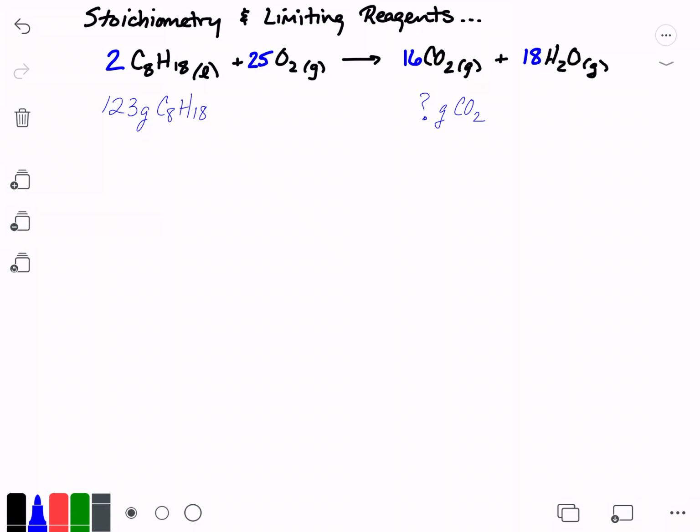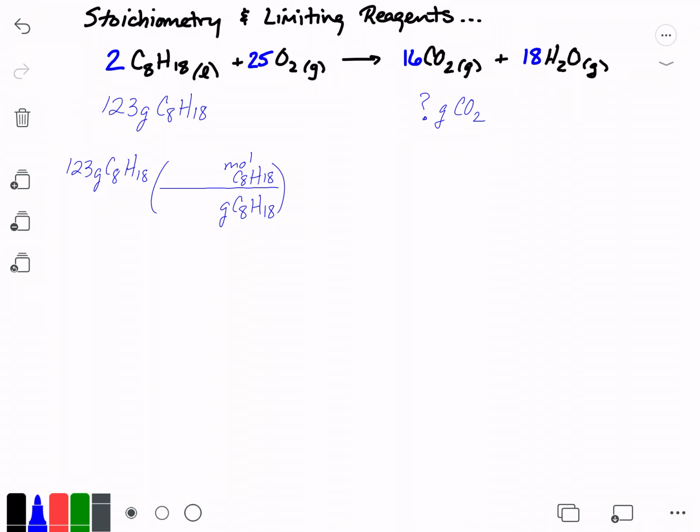We're going to solve this with the same 3 steps that we always use. Step 1, we will convert our starting material to moles. So that's our grams on the bottom here to moles on top, using its molar mass from the periodic table.